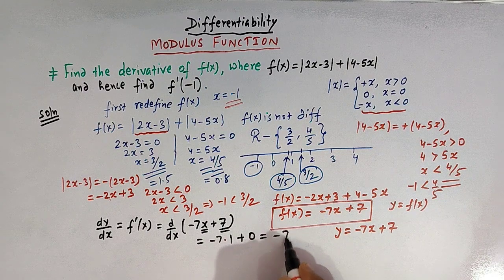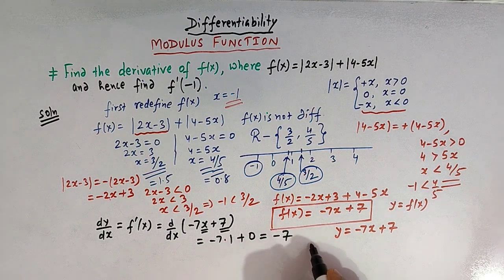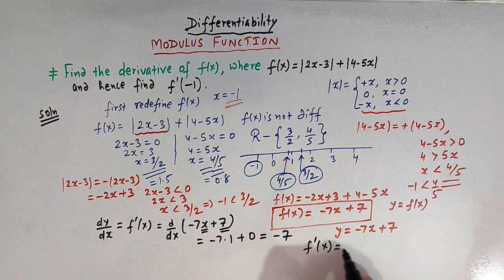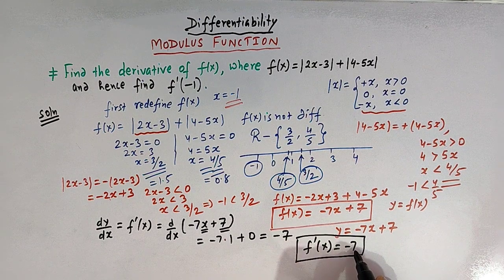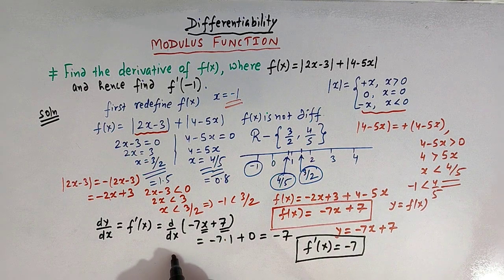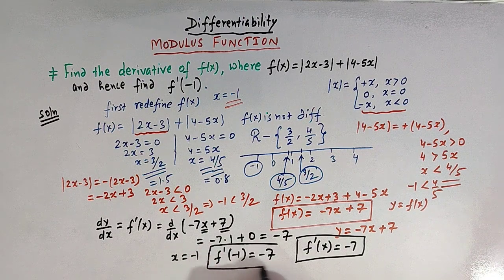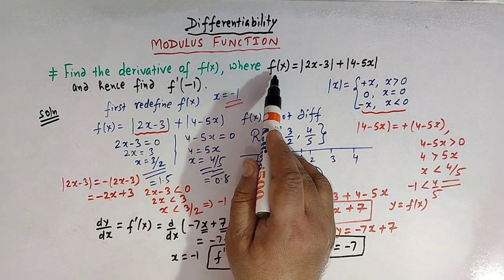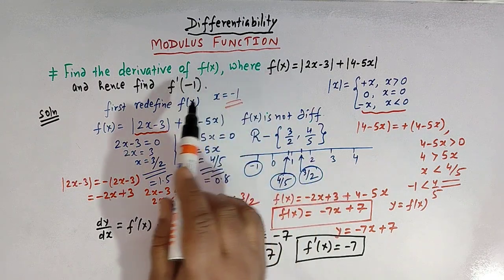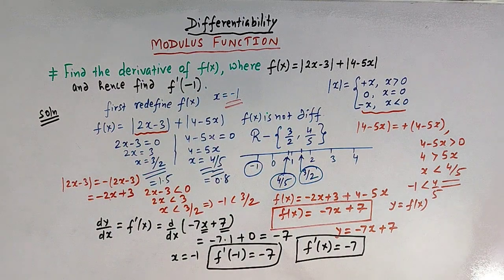So f'(x) = -7, which is independent of x. So if we take x = -1, then f'(-1) = -7. So the derivative of this function f(x) at x = -1 is equal to -7.